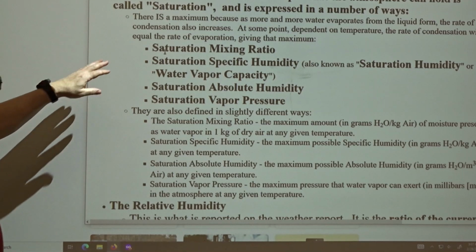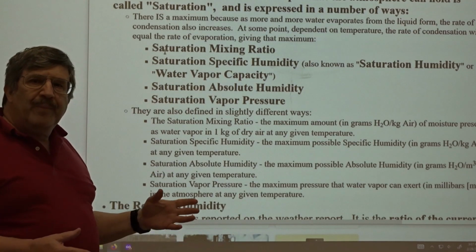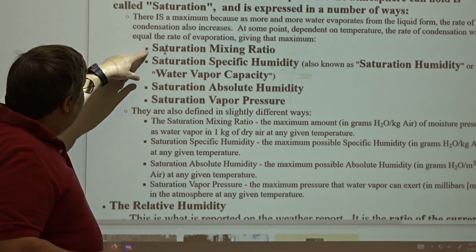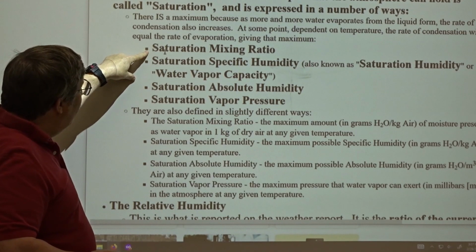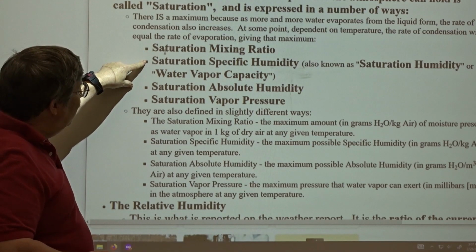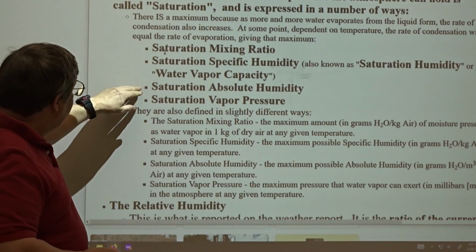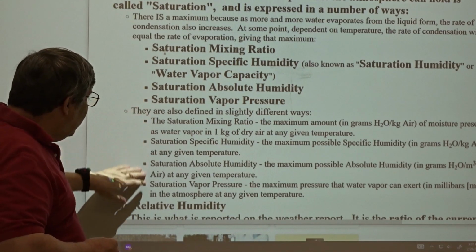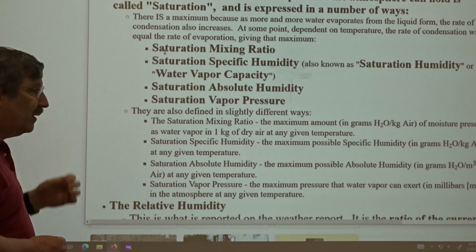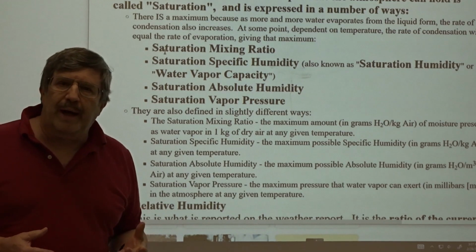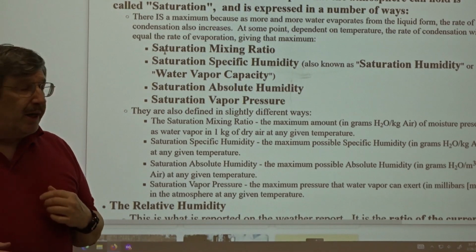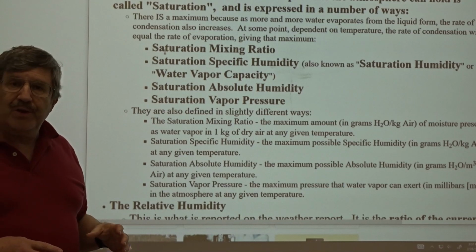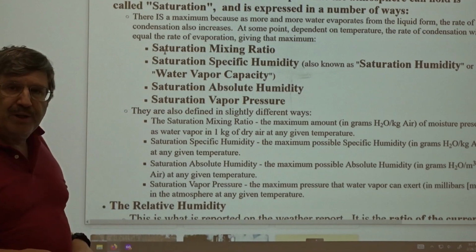And it's expressed very similarly to the amount of water vapor actually present. We can call it the saturation mixing ratio, the saturation specific humidity, and this is what we're going to be using, the saturation absolute humidity, or the saturation vapor pressure. And again, they're defined slightly differently. What we want to look at is the ratio of the actual amount versus the saturation amount.